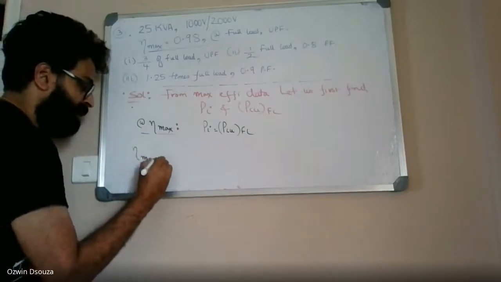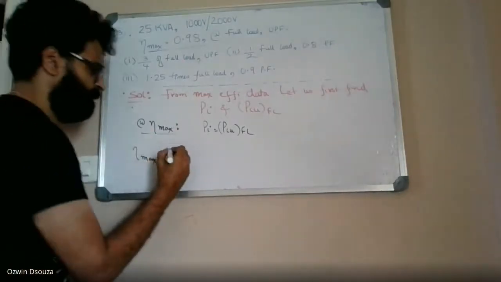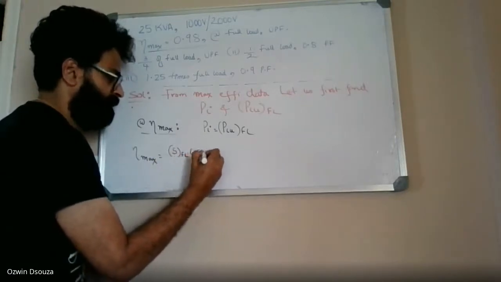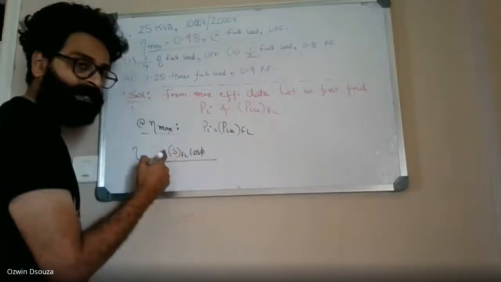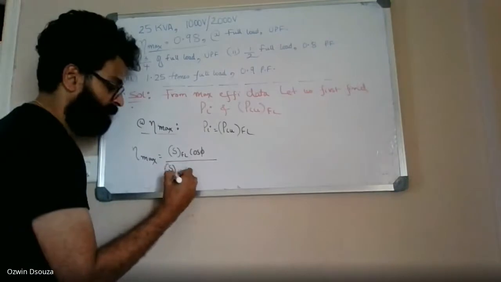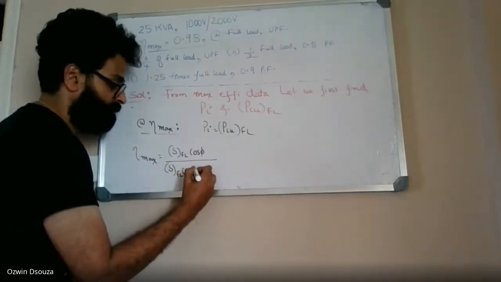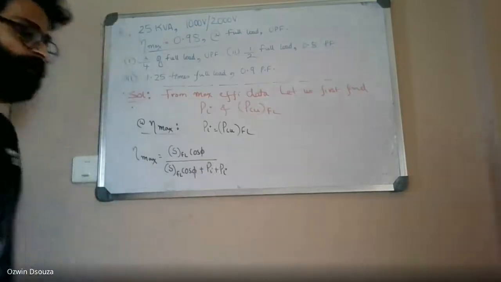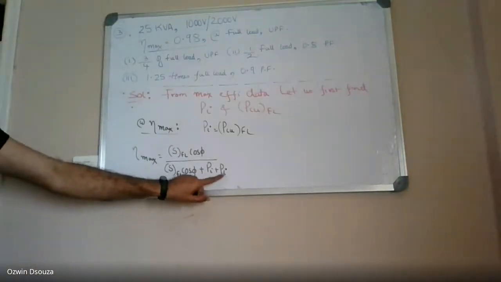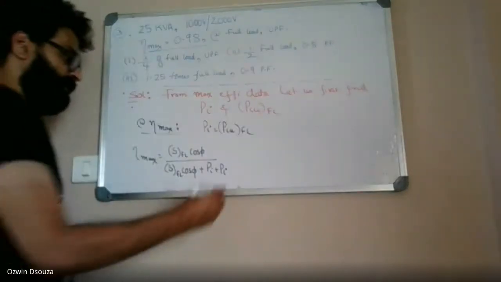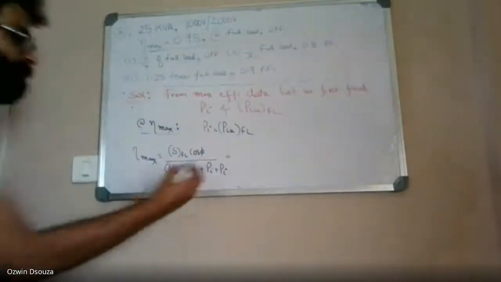So eta max is equal to SFL cos phi, I'm not taking x because I'm assuming full load condition, divided by SFL cos phi plus iron loss plus iron loss. Why? 2 times iron loss, because in place of copper loss, I'm substituting the iron loss.